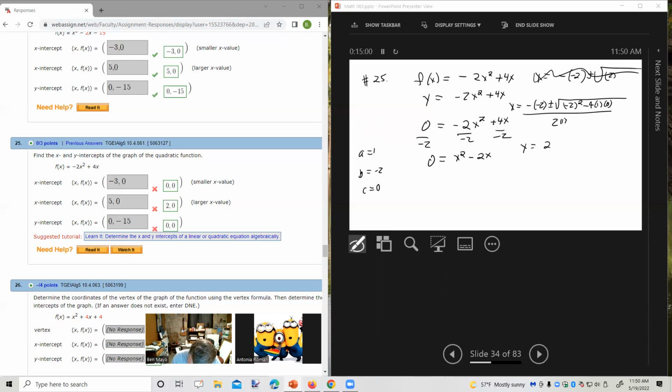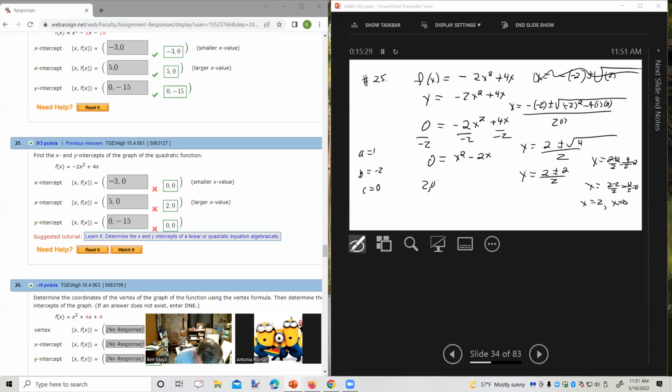You know what? I didn't leave enough room there. Let's move over here. X equals 2 plus or minus the square root of 4, because -4 times 1 times 0 is 0, so you just get 4 inside, over 2. X is 2 plus or minus the square root of 4, which is 2, over 2. So X is 2 plus 2 over 2, which is 4 over 2, or just 2. X is 2 minus 2 over 2, which is 0 over 2, or 0. So X is 2, X is 0.